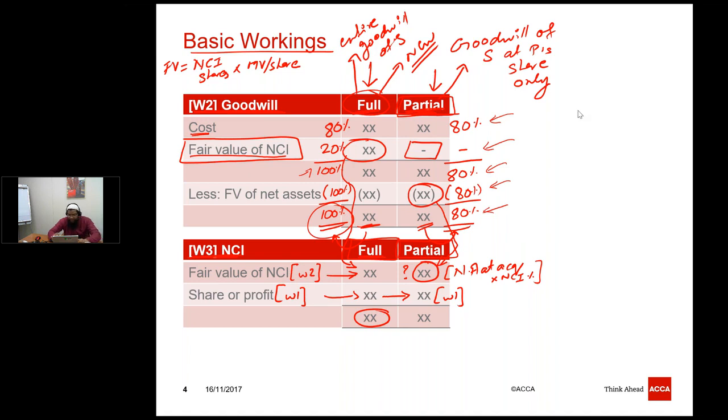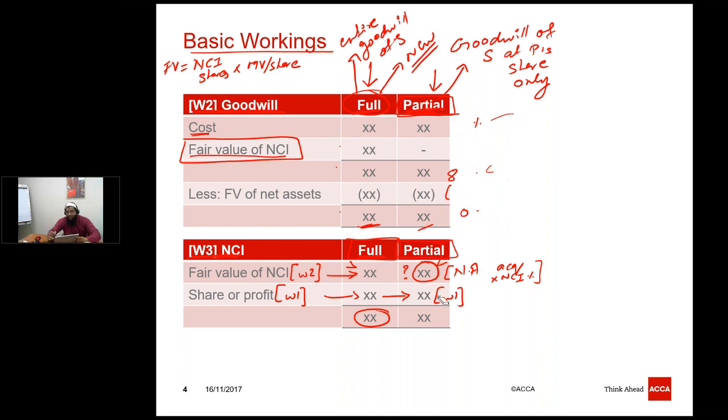Okay, I'm repeating the NCI for the partial goodwill method. Let me clear this because already a lot of material has been written. Sometimes a full slide also confuses the students.